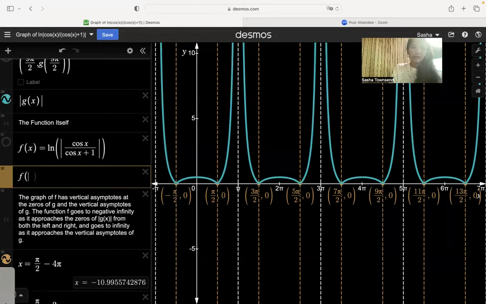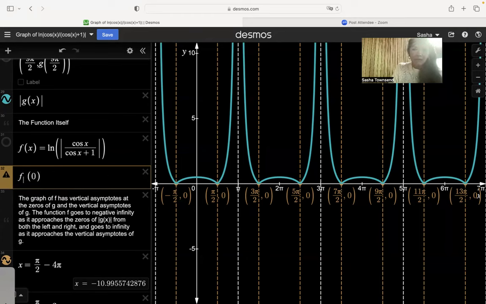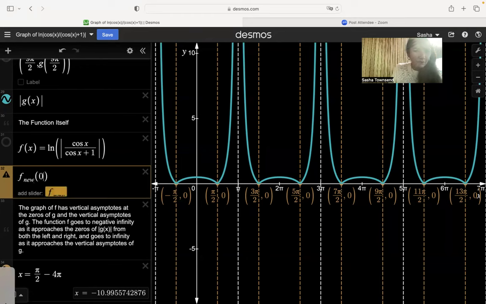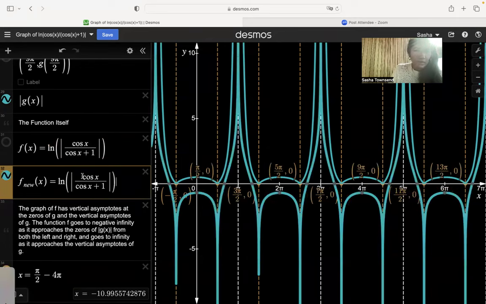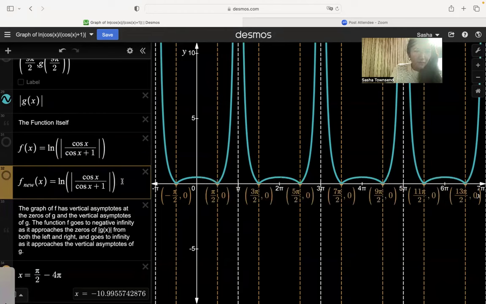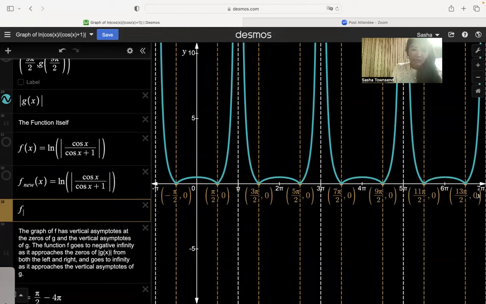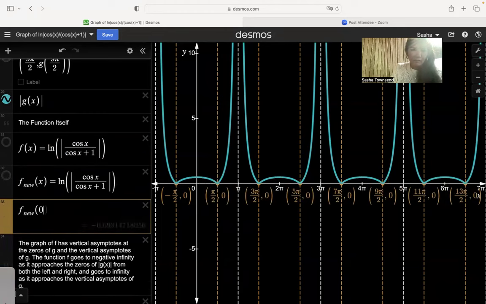Actually, let me just evaluate this at 0 and see what we get. It says I've defined f in more than one place. I'm just going to call it f new. Let's evaluate f new at 0.